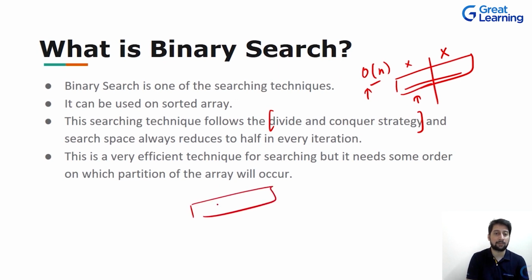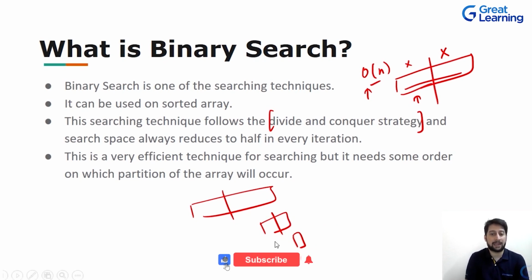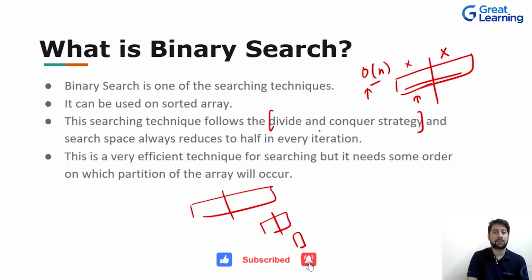So every time, unlike linear search, our search space is reduced until we find that element, or the array is exhausted. Our search space is reduced to half in every iteration. So this is what a binary search is. We'll look for an element in such a way that every time we are neglecting half the portion of the array.